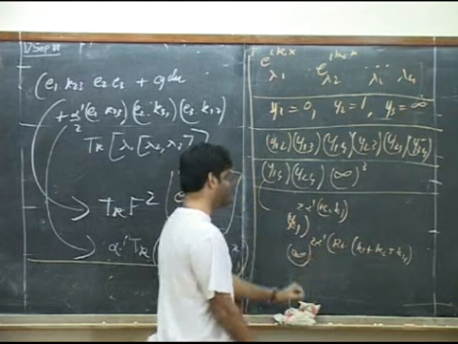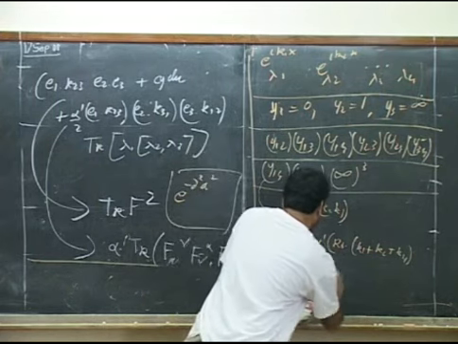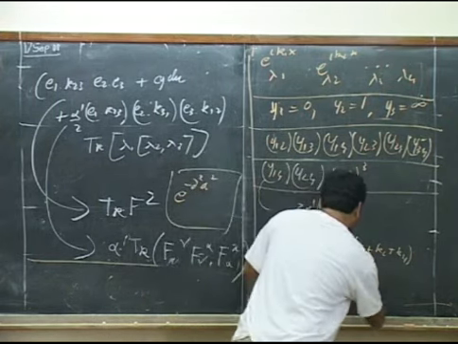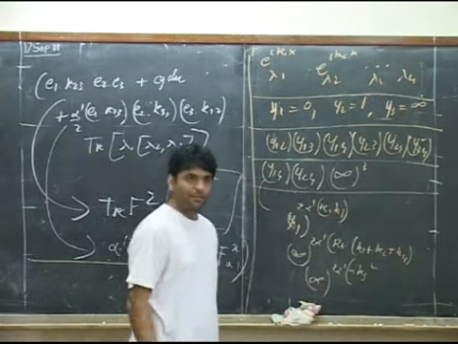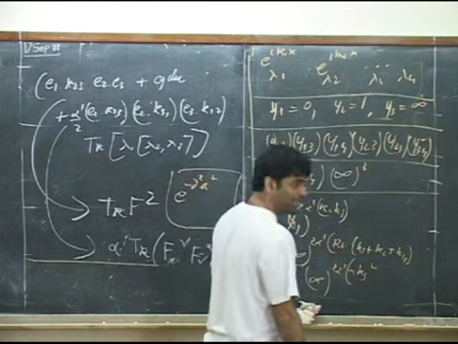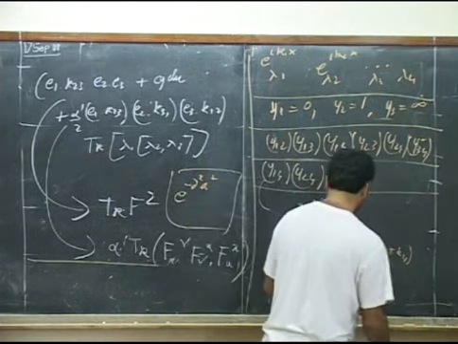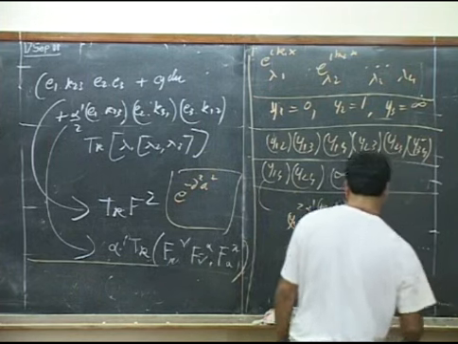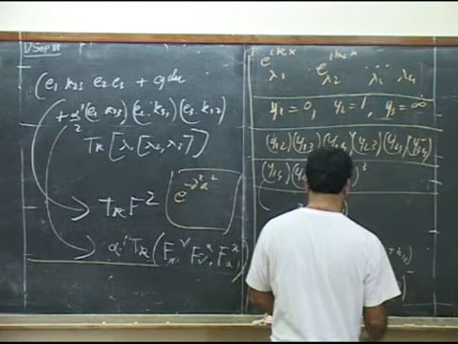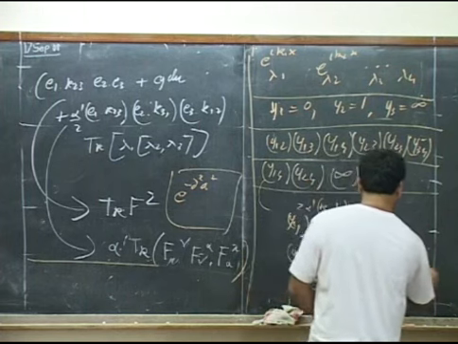So it's infinity to the power 2 alpha prime into minus k3 squared. So minus k3 squared was minus 1 by alpha prime. So that's infinity to the power minus 2.